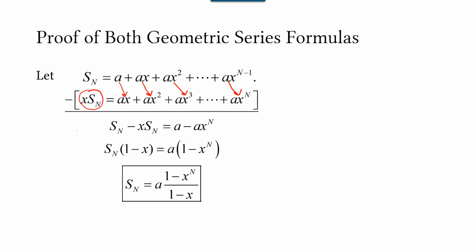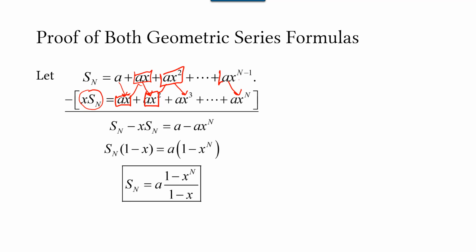After I do that multiplication, I'm going to subtract x times S sub N from S sub N. When I do that, all of the terms will cancel except for 2.